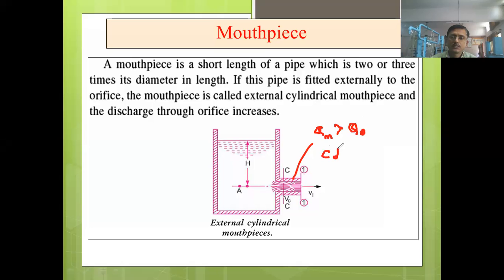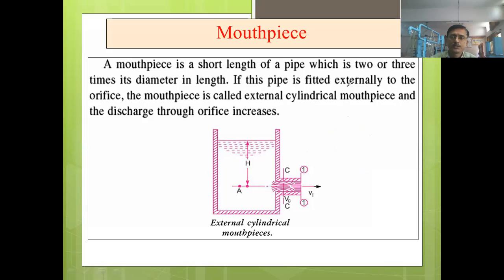Because the CD of the mouthpiece is always greater than the CD of the orifice. Okay. We should keep this in mind because an MCQ type question may be asked based upon this. Whether the discharge through the orifice is greater than the discharge through the mouthpiece or smaller than that, like that question. Okay.